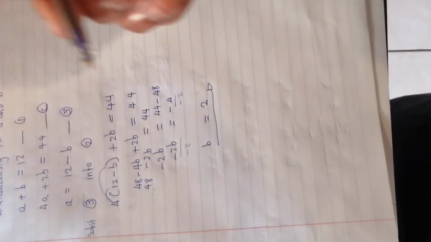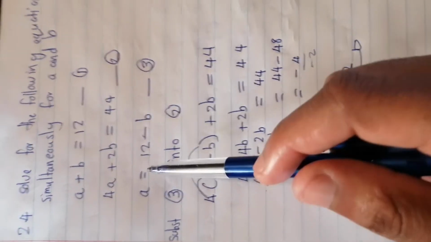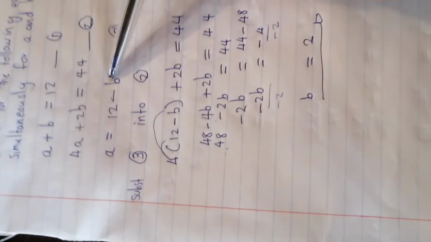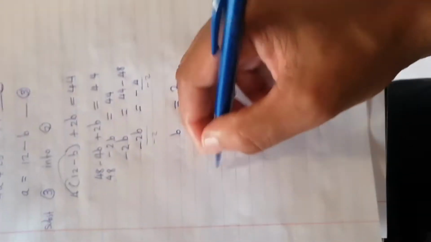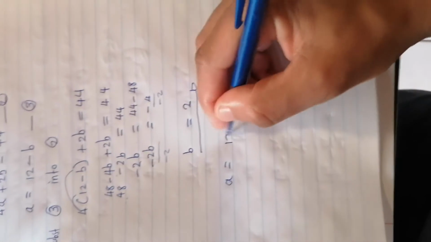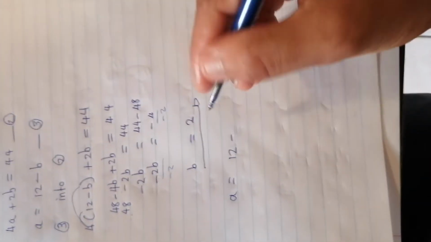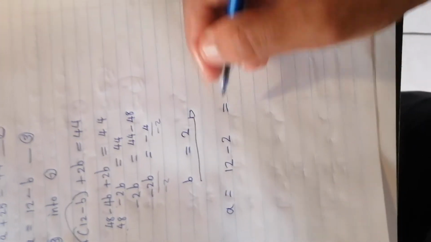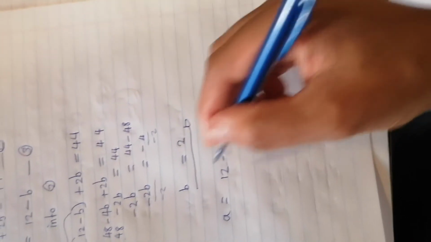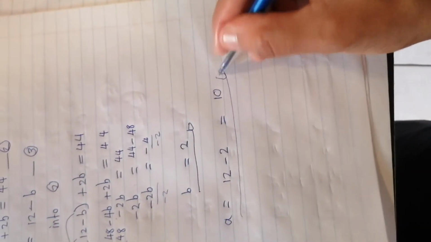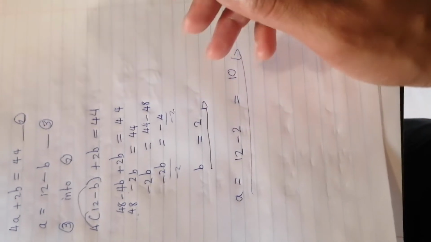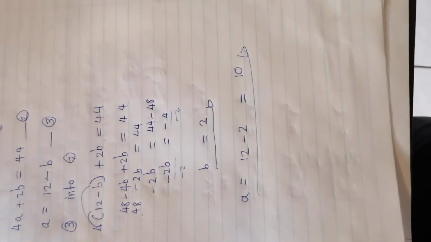Now our aim is to get A. But the nice thing is we already have an equation which will give us A if we have B, and we do have B. So our A is equals to 12 minus B, and we know our B is 2. So our A is 10. So we have A is equals to 10, and we have B is equals to 2.